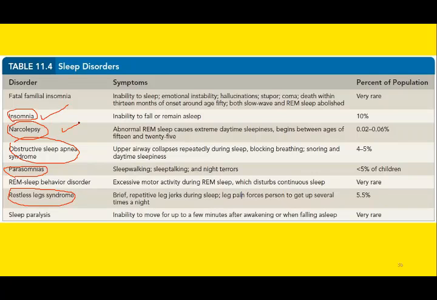And if you remember, the hypothesis is that narcolepsy is due to loss of the neurohumoral substance orexin or hypocretin released from the hypothalamus. So whenever this hypocretin is deficient, this will result in excessive daytime sleeping, what we call as narcolepsy.